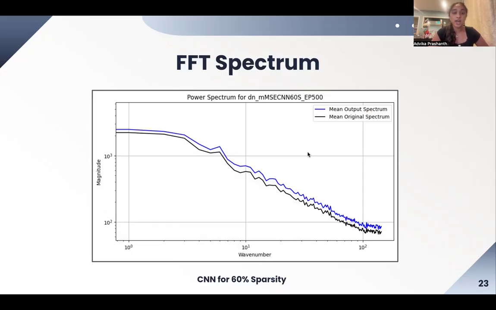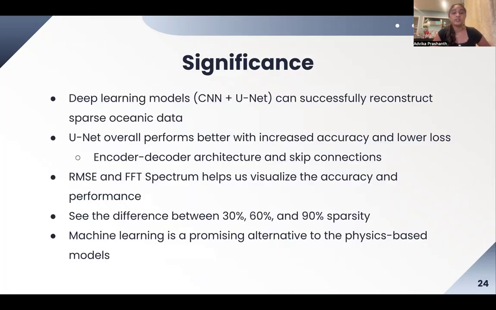However, if it was 100% accurate, which is hard to achieve, the lines would be completely overlapping on top of each other. But in this case, you can see that there's a little difference, showing how it is not completely accurate and there's room to improve in the future. Due to time constraints, we were only able to create the FFT spectrum for the CNN for the 60% sparsity, but in the future, we hope to do this for the rest of our models and sparsity values as well.